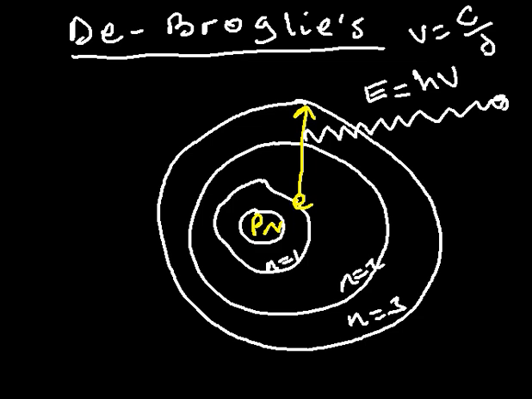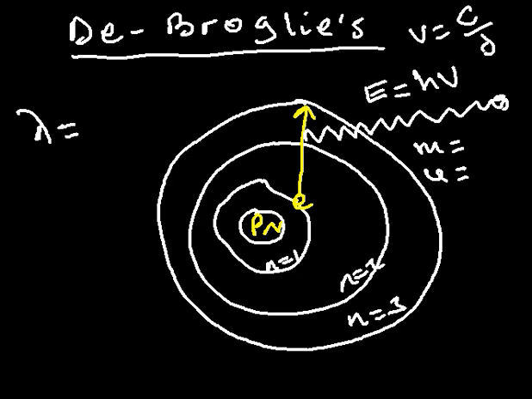Now, if we consider the particles being emitted, having a mass m and moving at some speed, then according to the de Broglie equation we can get the wavelength of the emitted radiation.